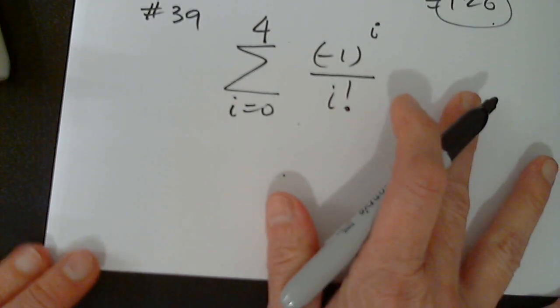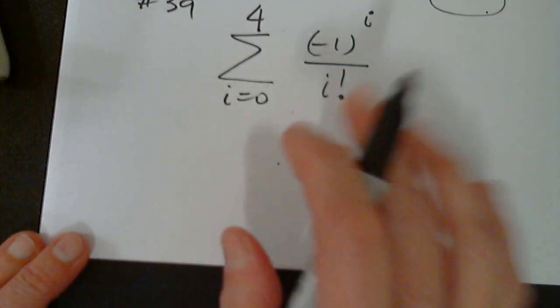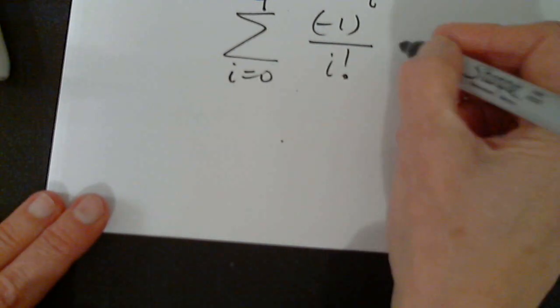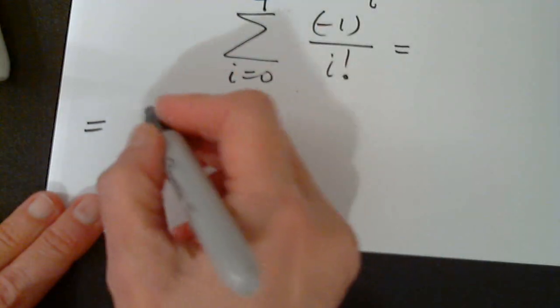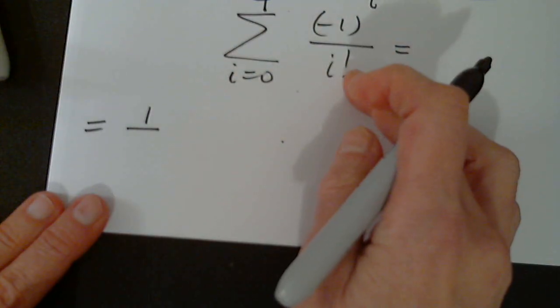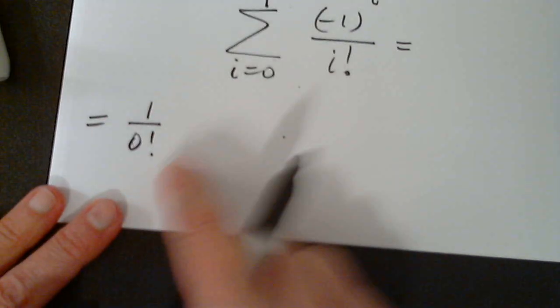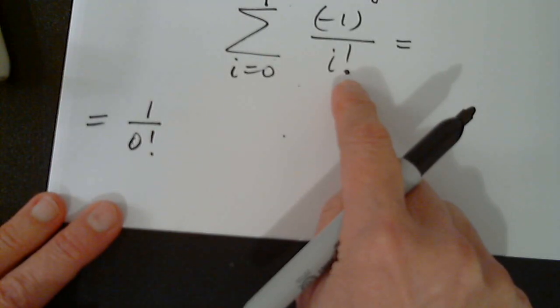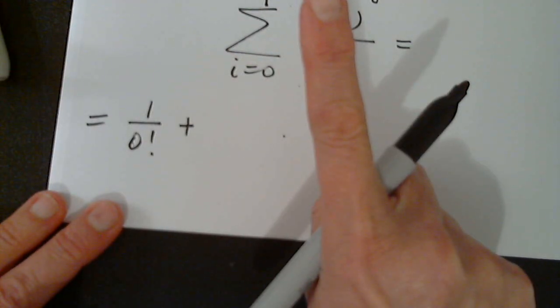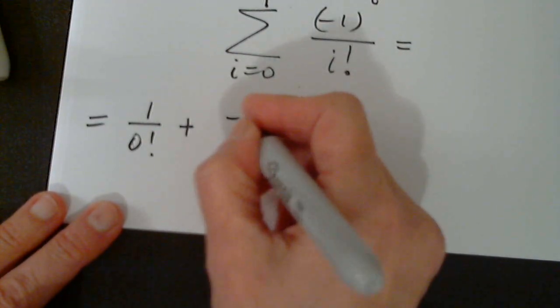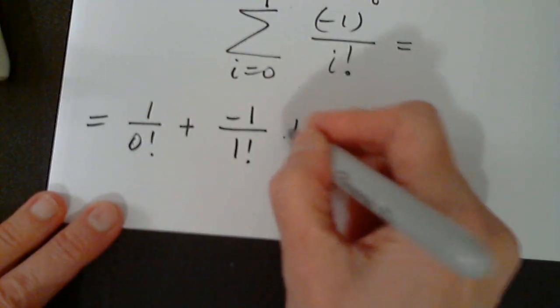Yes, I can put this in the calculator, but let's just present the terms. Okay. When i is 0, negative 1 to 0 is 1 over 0 factorial, which we know is not 0, but it's 1. The sum says plus. When i is 1, negative 1 over 1 factorial, plus.